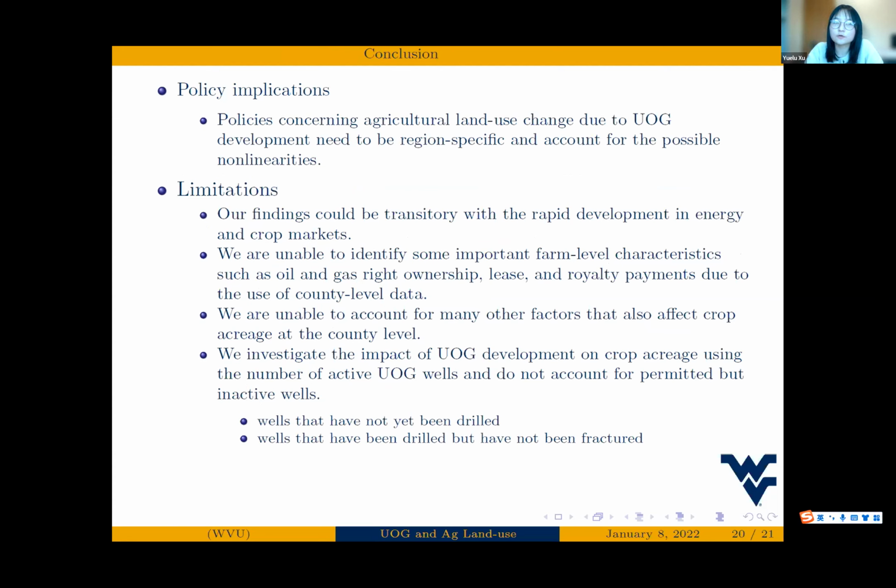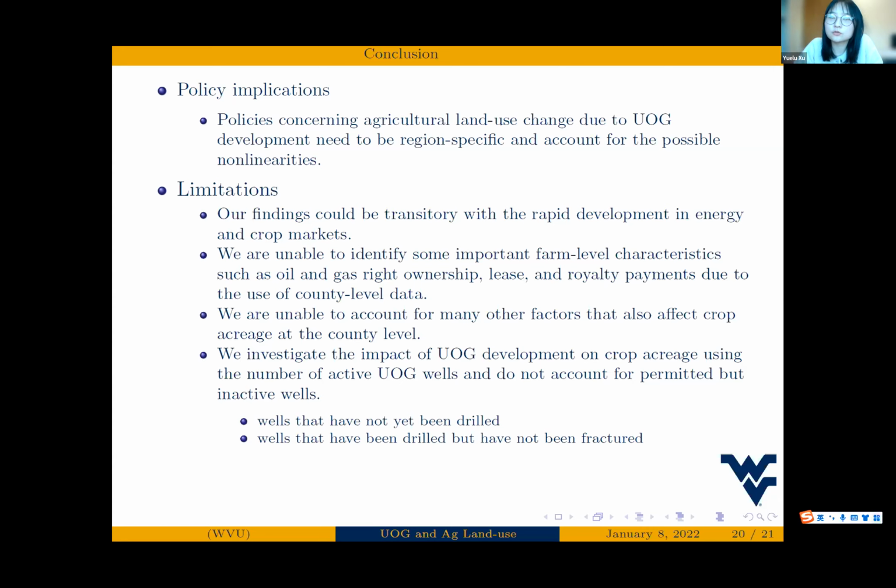Several limitations of this study should be mentioned. First, the decision-making regarding the crop acreage is complex, and our findings could be transitory with the rapid development in energy and crop markets.